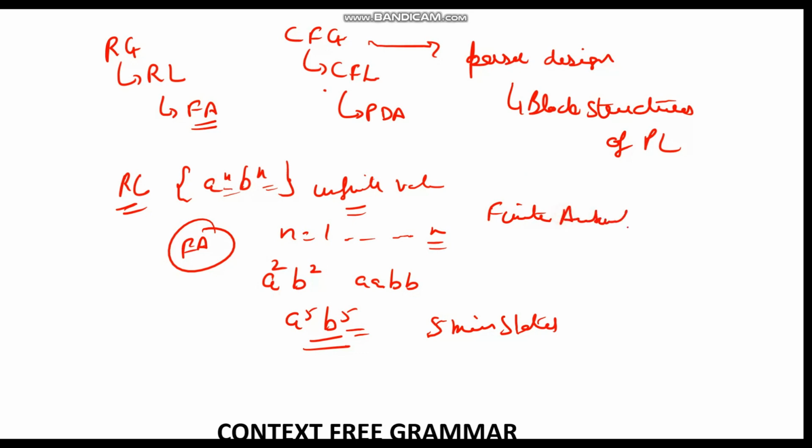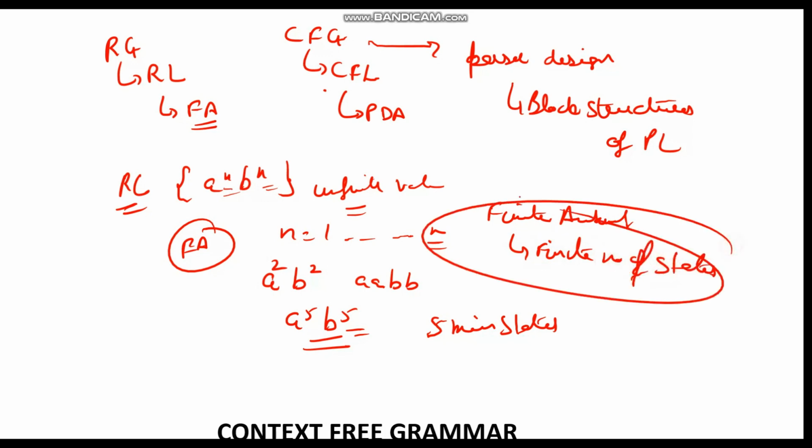Finite automata means a finite number of states, and this is used to describe the regular language. If we design a minimum automata, it can have the state q naught, but it cannot describe how many occurrences of a and b can be there. So for simplicity, we can simply say finite automata cannot be designed for infinite states.